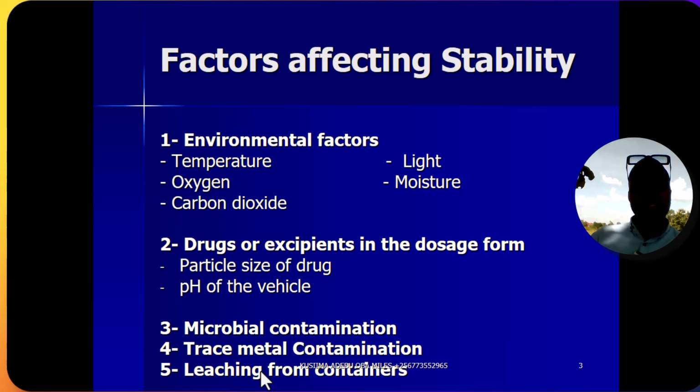Remember, we said most of the environmental factors that may cause drugs to degrade include oxygen. We have explained how sunlight, light itself can cause photolysis, and light as well, together with high temperature, enhances oxidation.